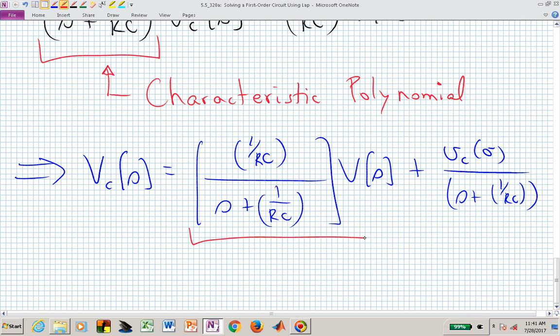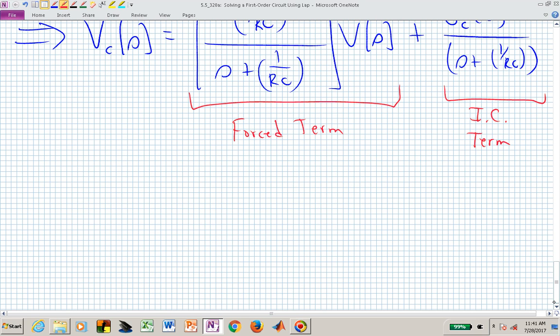This first piece is now our forced term in our response, and this second piece is due to the initial condition in our system. Let's now look at some particular instances of an applied waveform, little v of t, and maybe some initial condition combinations.